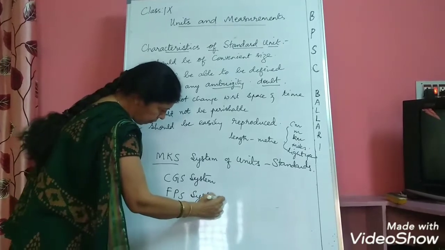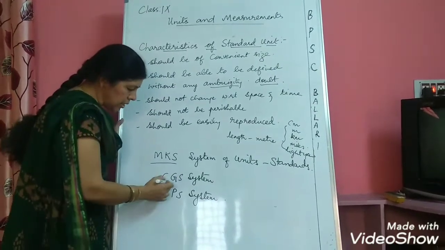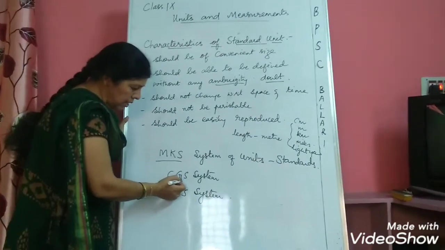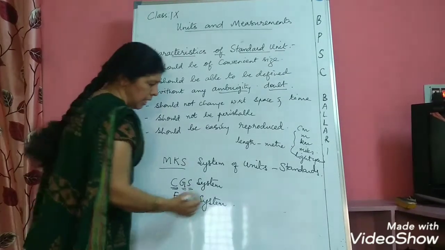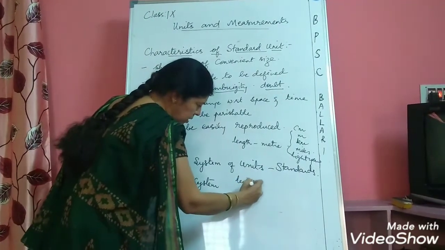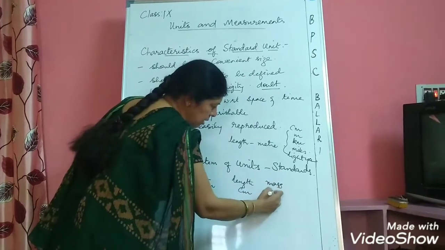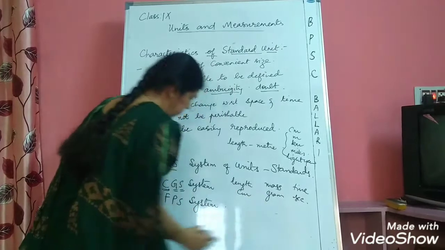According to the CGS system of units, the length has to be measured in centimeter, mass in grams, and time in seconds.